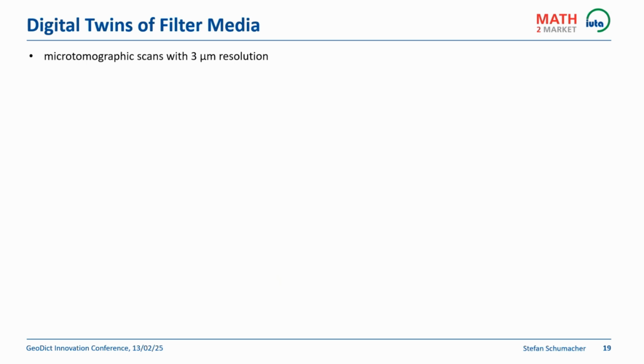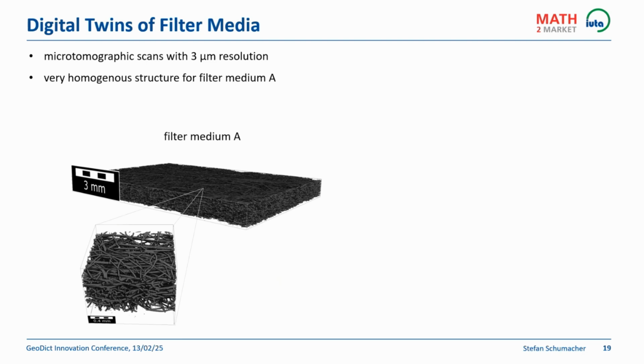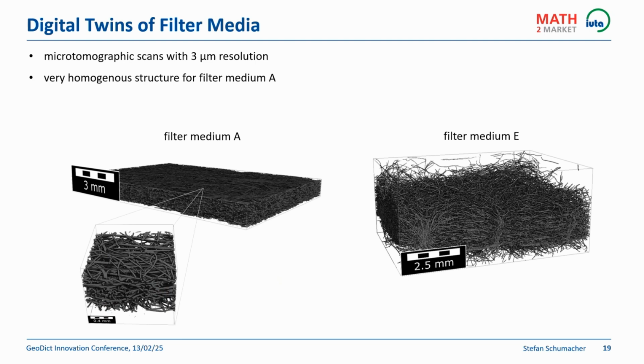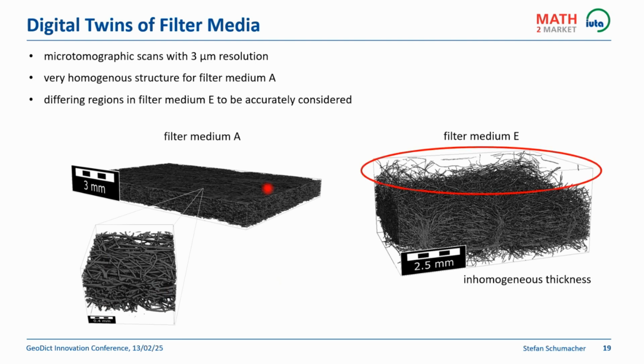So to model them with GeoDict, we did micro CT scans of the filter media. And filter medium A looks very nice. You have a very homogeneous structure. For filter medium E, it's in principle also okay. But what you see here, obviously the thickness of the filter medium is not so well defined, and it's quite, let's say, fluffy on the top, which is sometimes a problem of finding a representative cutout of the filter medium.